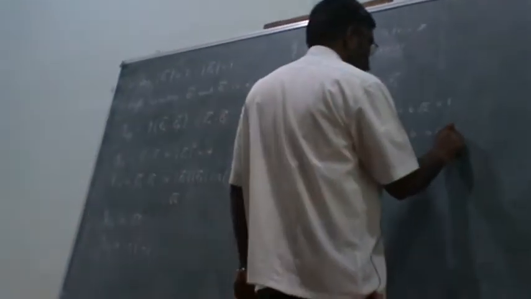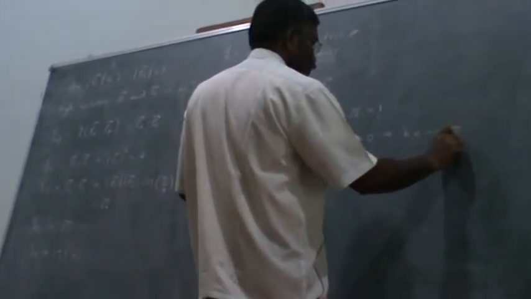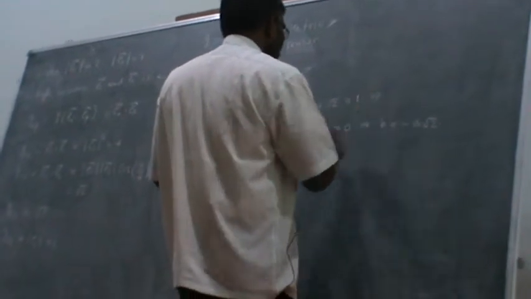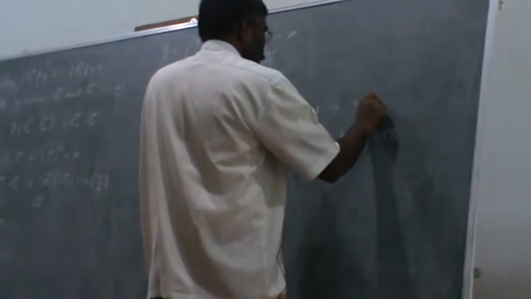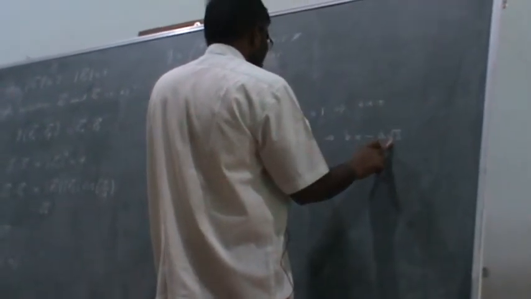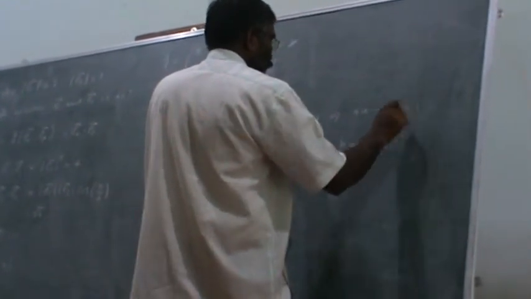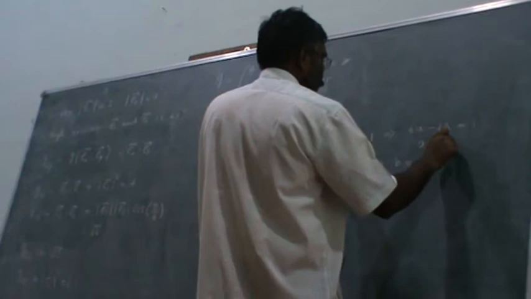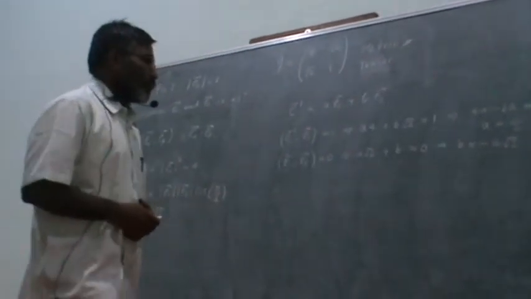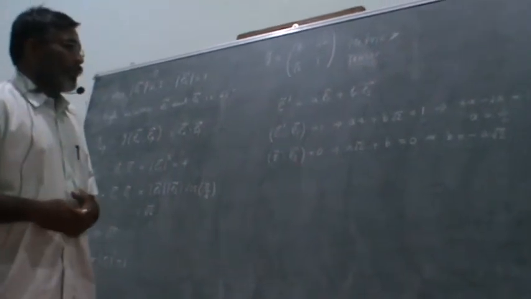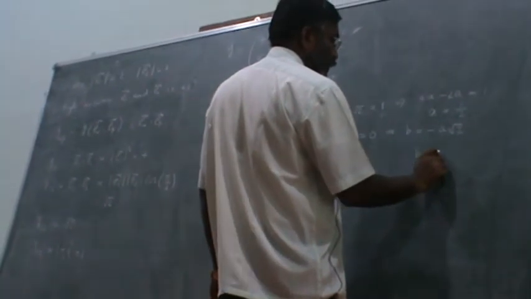So this gives you B can be written as minus A root 2. That implies 4A plus 2A minus 2A is equal to 1. A is equal to 1 by 2, and B is equal to minus 1 by root 2.